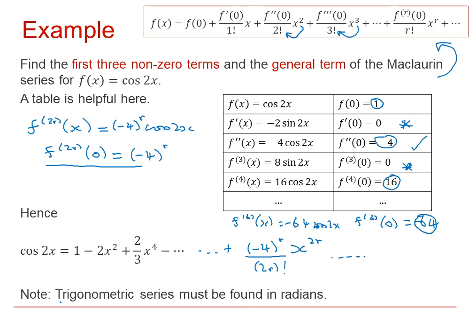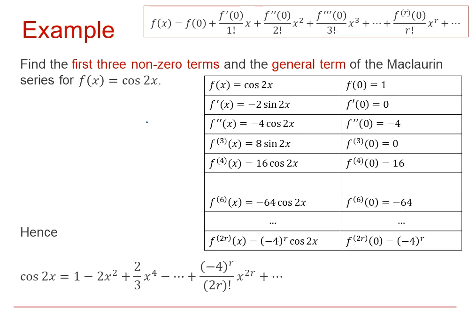Just a note there that if you are doing a trigonometric series, then you must always be working in radians. So now we can see a full table of workings, and this general term is the important detail. So we need to create this 1, minus 4, 16, minus 64, and to do that we need minus 4 to the power r, and we need a denominator which is an even number, and it matches the power of x which we are calculating.